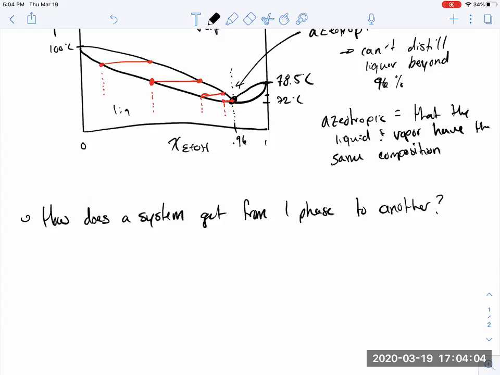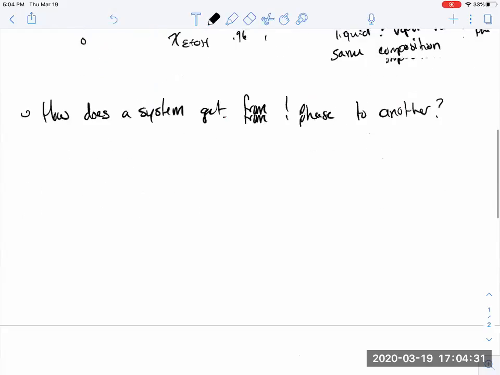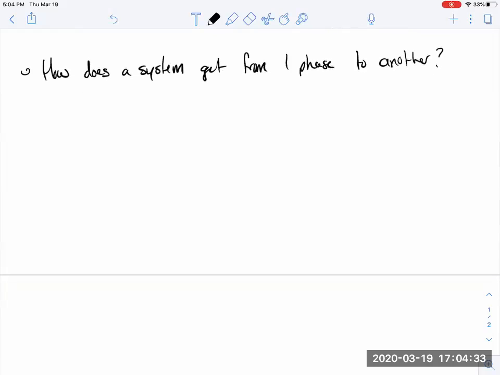We've alluded to some artificial process by which we take a liquid, condense it, or take a vapor and condense it into a liquid, take a liquid, boil it into a vapor. I want today to think through more of the thermodynamics of that transition, and specifically infer some microscopic structures that must result as we transition between those two phases. And we'll think concretely about the case of a liquid vapor transition.